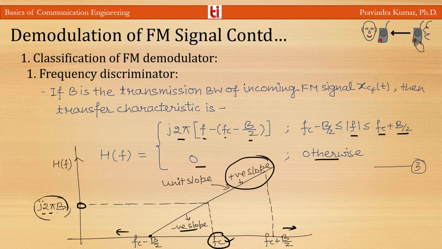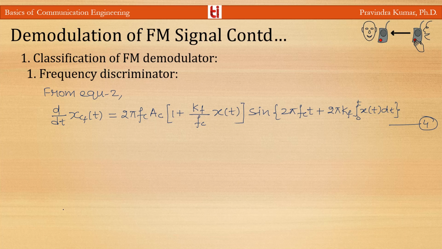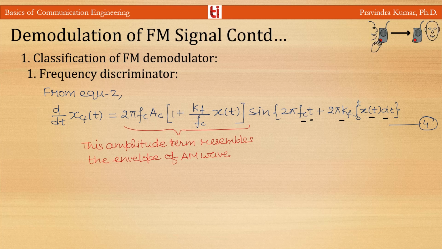And from the second equation, we know d/dt xc(t) is 2πfcAc(1 + kf/fc x(t)) sin(2πfct + 2πkf ∫x(t)dt). Here the amplitude term resembles the envelope of the AM wave, and the angle term resembles the angle of the FM wave.